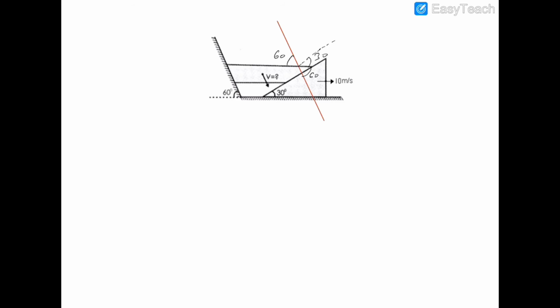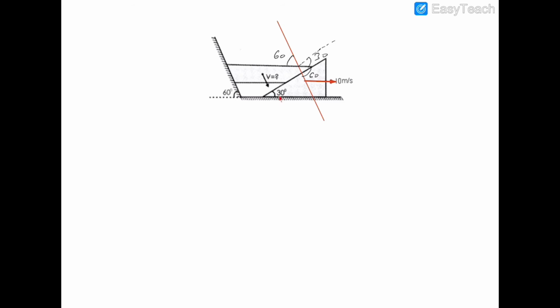So resolving these velocities along the normal, the velocity of this wedge is like that, and the velocity of this rod is already in the direction of the normal.